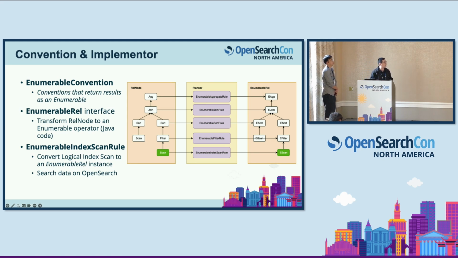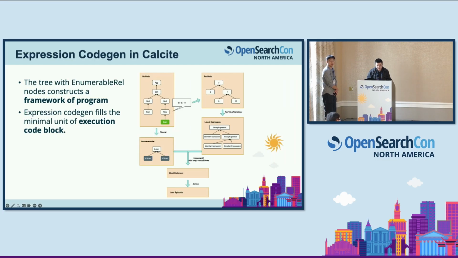So we provide some rules to convert specific operators to physical operators. For example, we have the Enumerable index scan rule. Okay, now we have a simplified plan, and we have a plan with Enumerable operators.